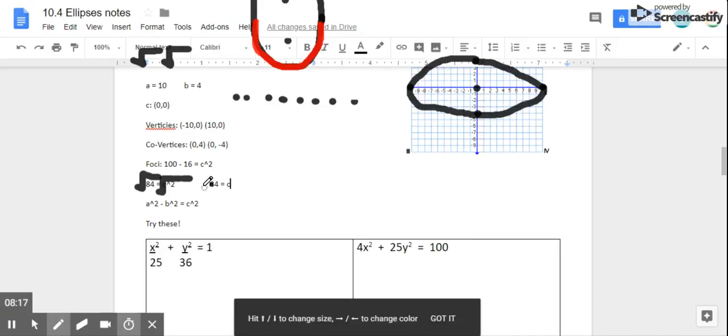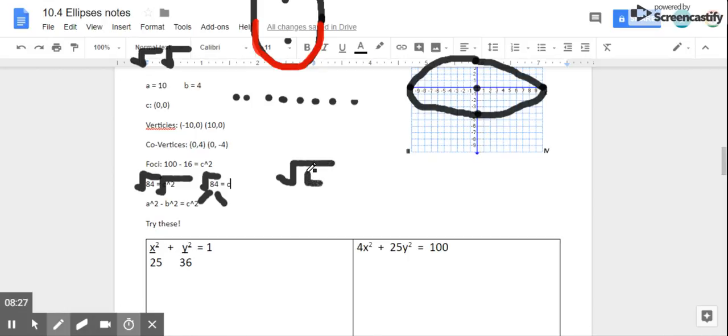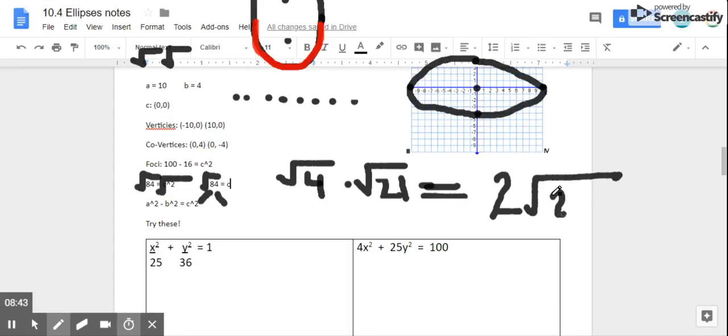It's really hard to go back and forth. Okay, and then you want to try to take a second and break this down. So the square root of 84 can be broken down into the square root of 4 times the square root of 21. Oops, I got a little excited. Okay, and then how would you rewrite that? You would write that as 2 square root 21, right?